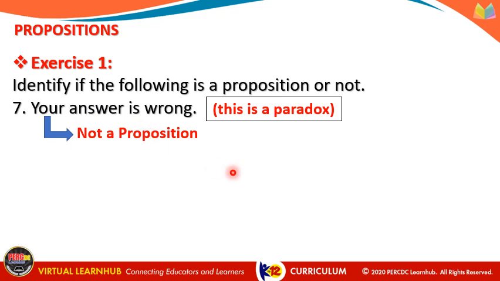This is a paradox, and that is why it is not a proposition. So again, paradoxes are not propositions. All number sentences are propositions. Simply equations with no statement on what the value of x is are not propositions. And a paradox is also not a proposition. Again, a proposition is a declarative sentence that is either true or false, but not both.